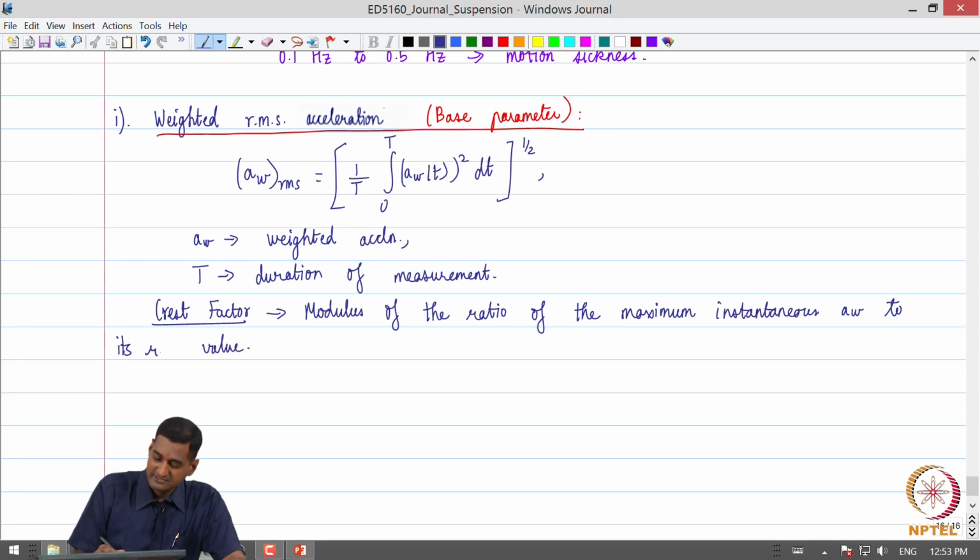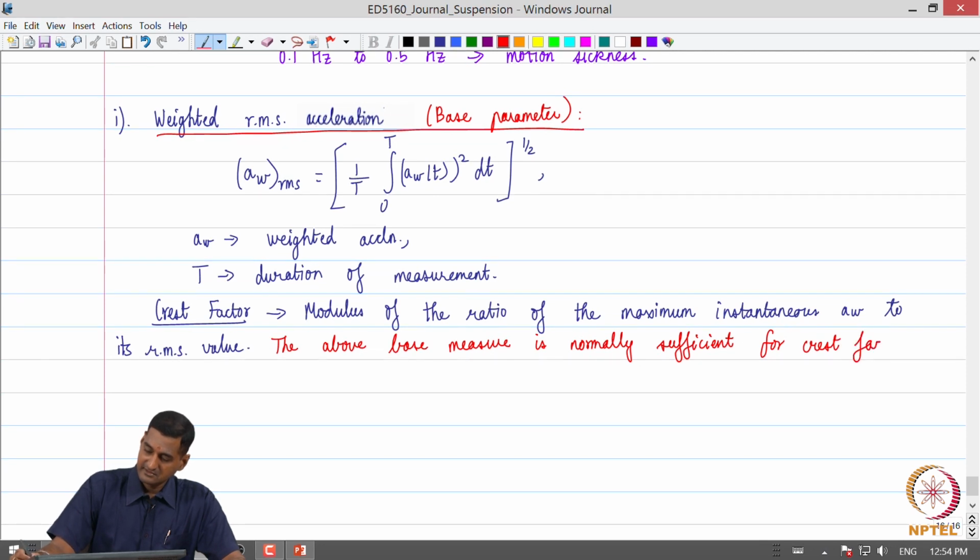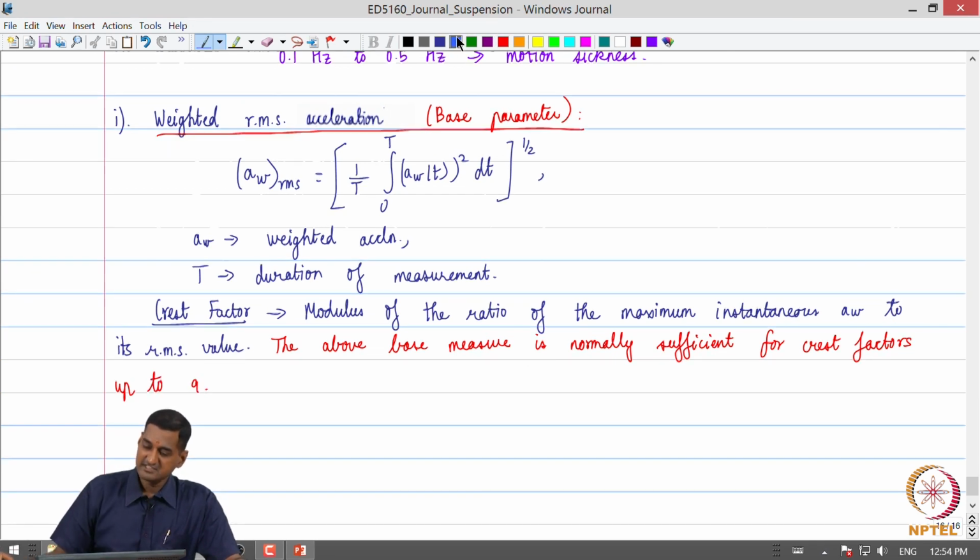So, that is the definition of the crest factor, and by and large this base measure, people have found out that it is normally valid and sufficient till crest factors up to 9. Okay. So, that is this first parameter.